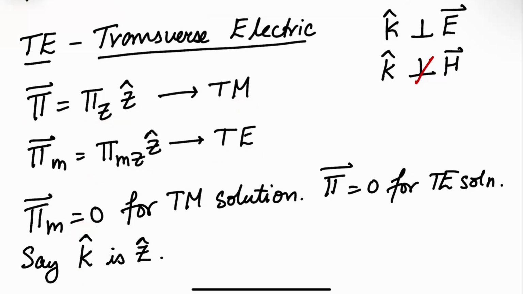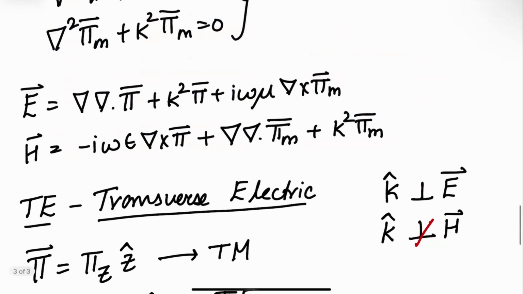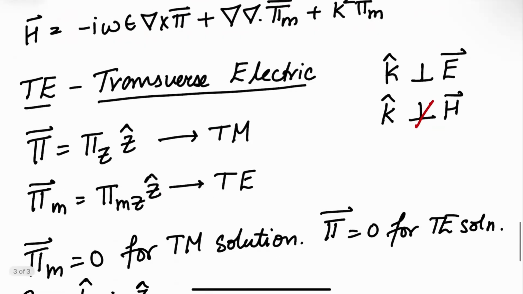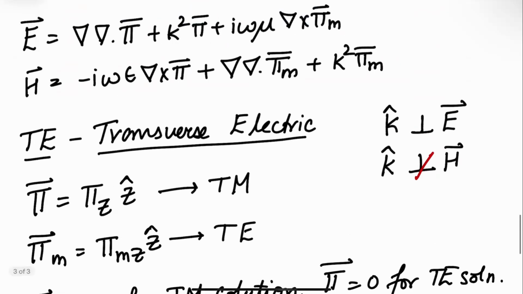Okay, so having said that, if K hat is along z hat and I want to get the Te solution, then E cannot have any component along z hat, right? And for E not to have a component along z hat, this must be equal to 0, because pi has a component along z hat. So we need to set this to 0, and to set that to 0, pi must be 0.